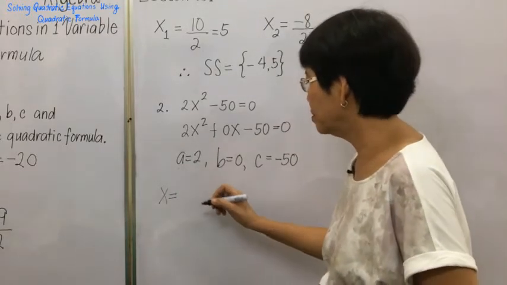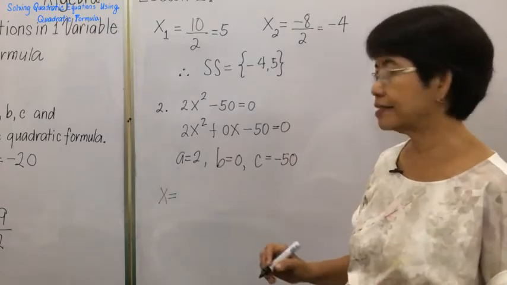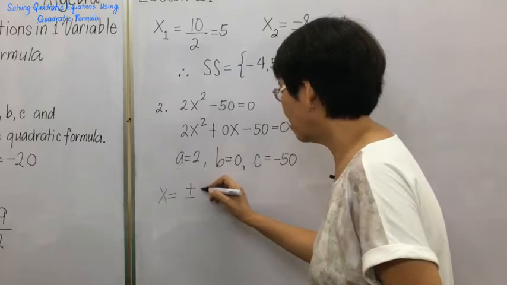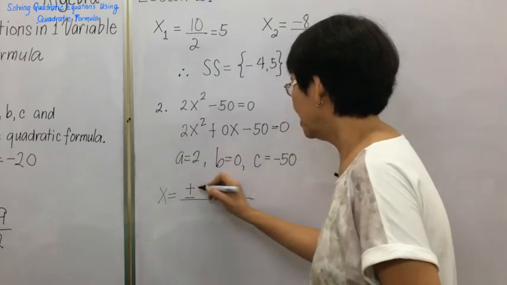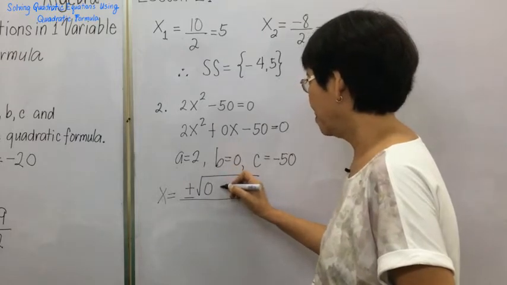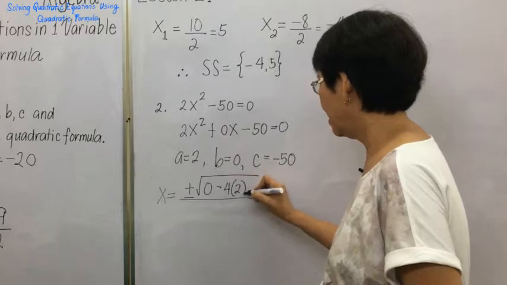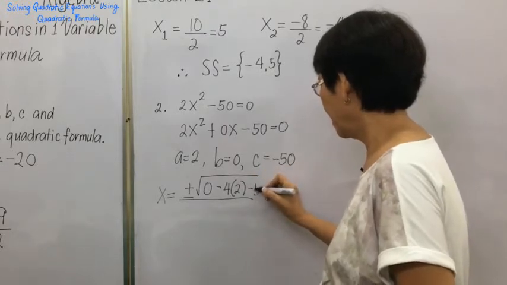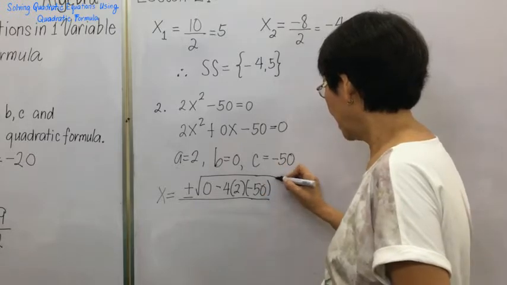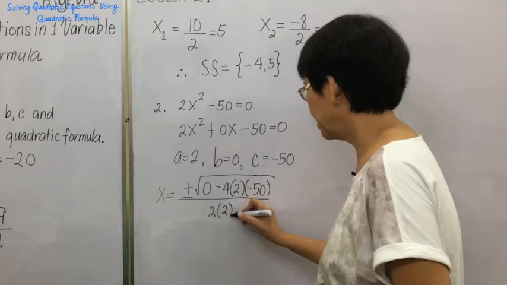X is equal to negative b. Since b is 0, then we don't write that anymore. So we start with plus or minus the square root of, then b squared is 0, minus 4ac all over 2a, 2 times 2.